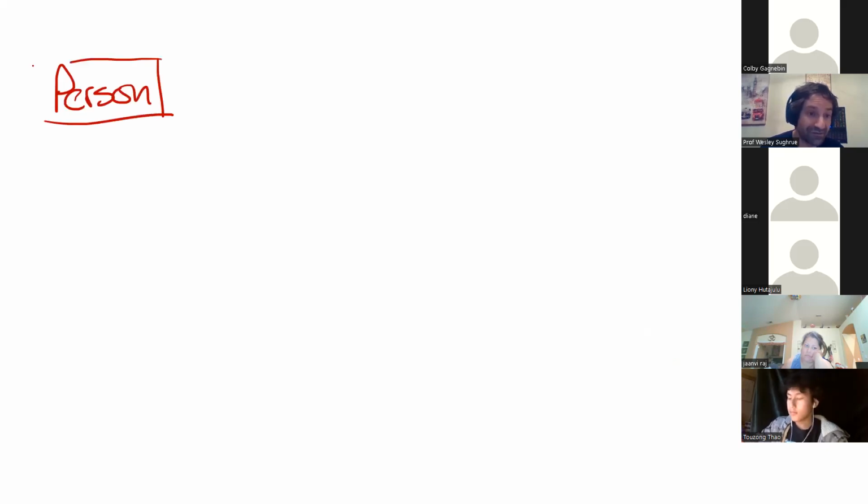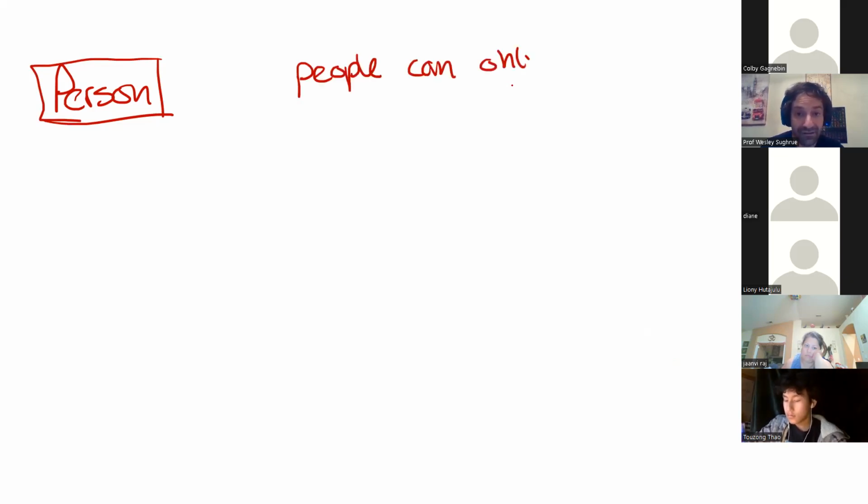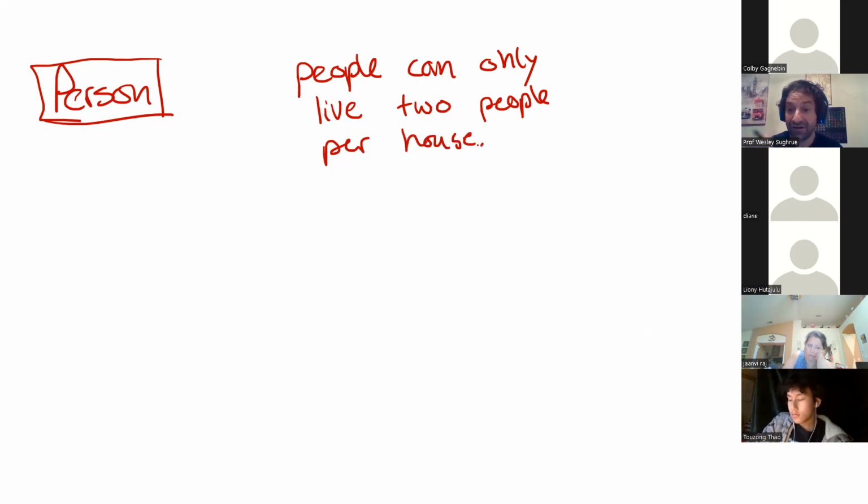And for this purpose, people can only live 2 people per house. Okay, so every house that we're going to talk about in this analogy, only 2 people can exist in that house. Make sense so far? Every house we talk about, only 2 people can live in that house.